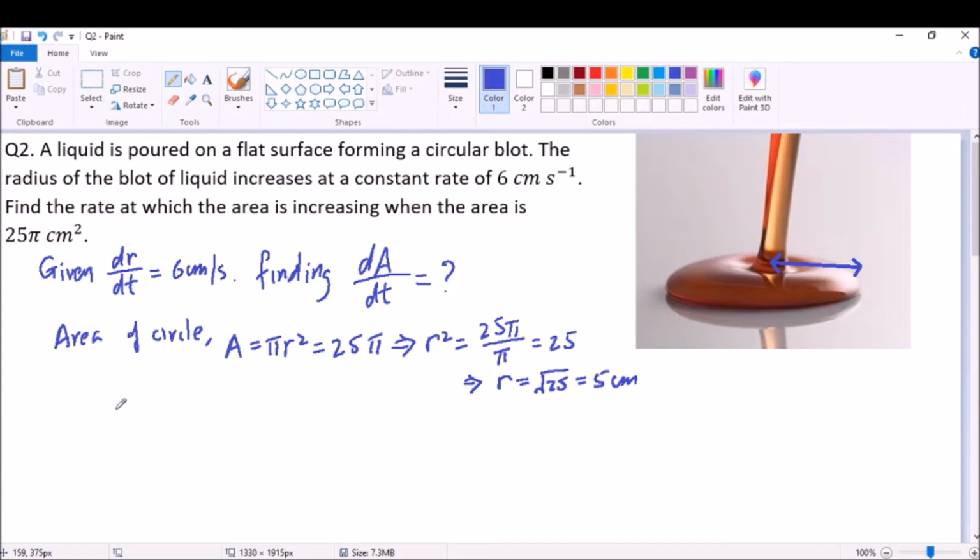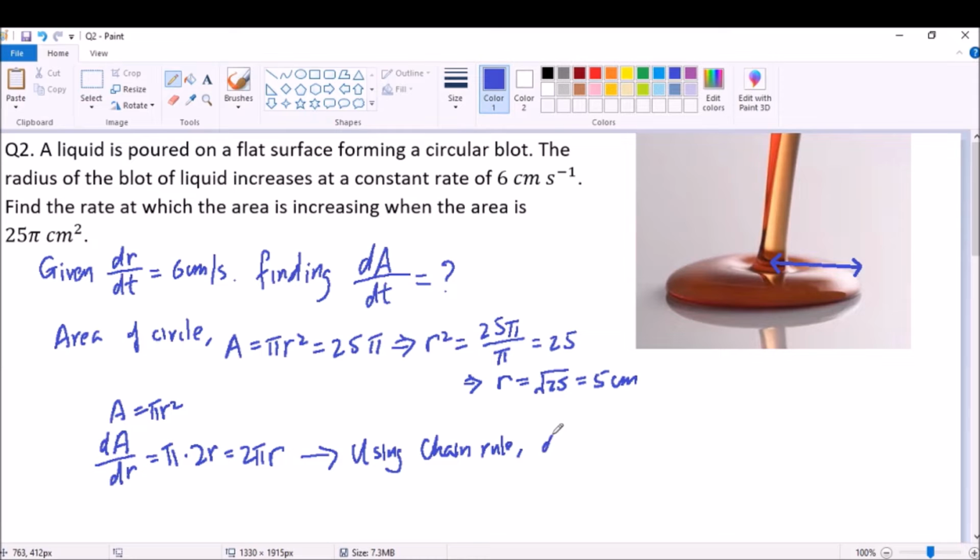From the area A equals pi r squared, we get dA over dr being pi, differentiate r squared is 2r, so it's 2 pi r. Now we use the chain rule. We want to find dA over dt.